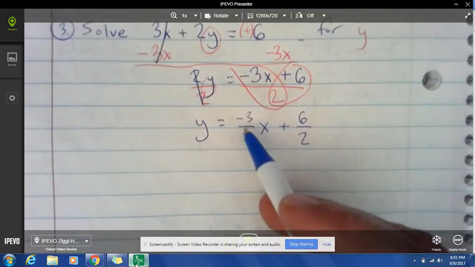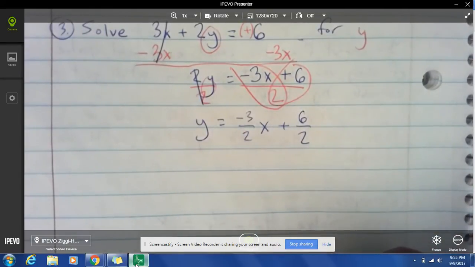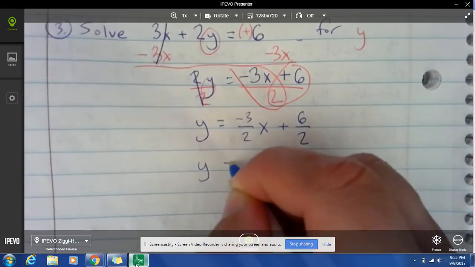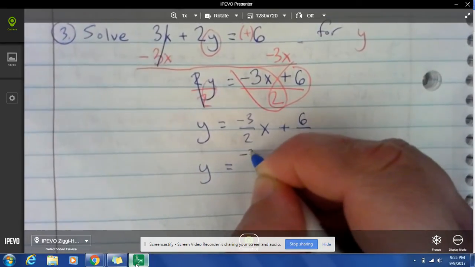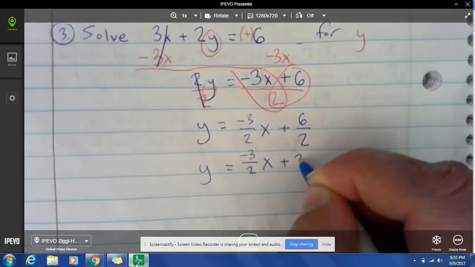And we see that negative 3 over 2 is already simplified, but 6 over 2 simplifies to a 3. So our final solve for y answer is negative 3 over 2x plus 3.